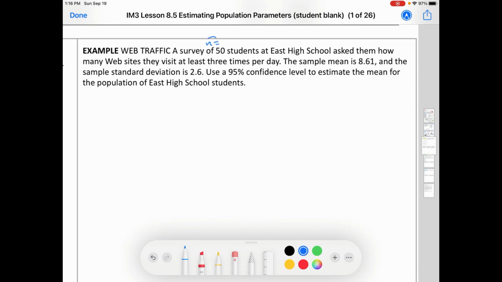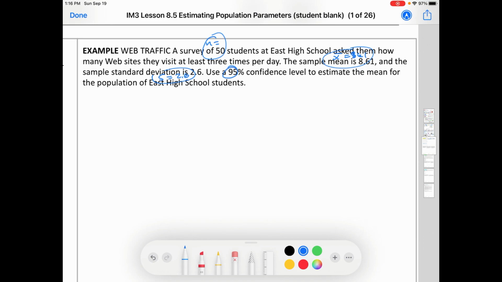I have n equals 50 here. They visit them 3 times a day. Okay, not important. The sample mean, this is important. This is x bar equals 8.61. That's important. And the sample standard deviation, that is important. S equals 2.6. And then I have a 95% confidence interval.